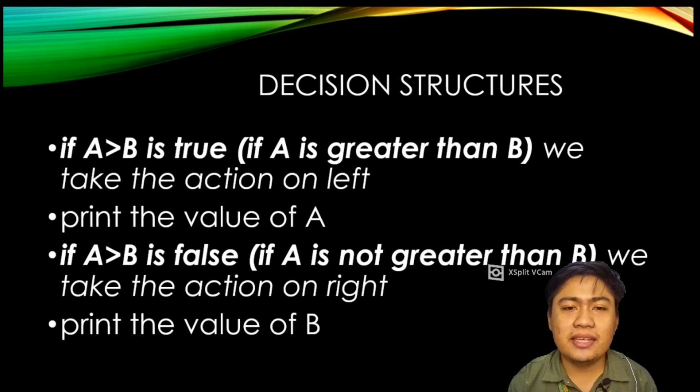Example, if A is greater than B is true, we take the action on the left. We print the value of A. If A is greater than B is false, we take the action on the right. We will print the value of B. Later on, we will show an example.